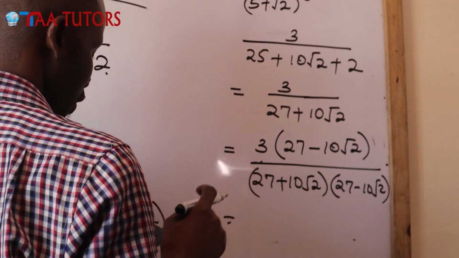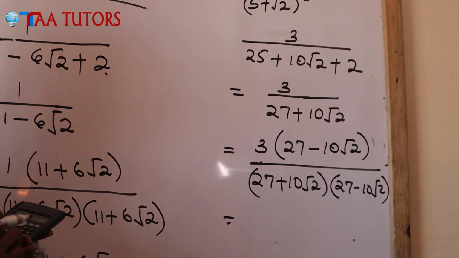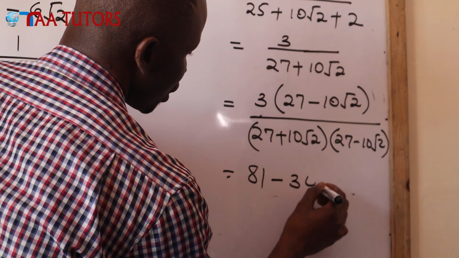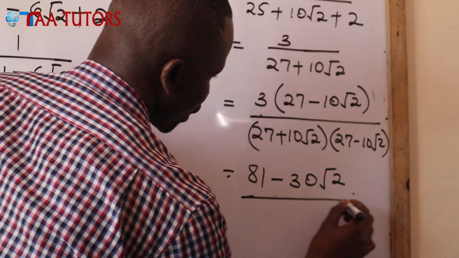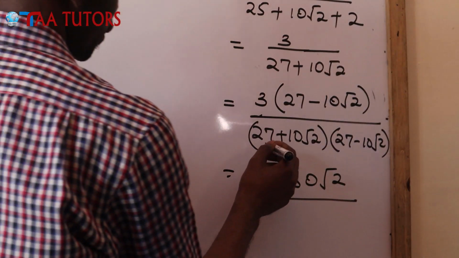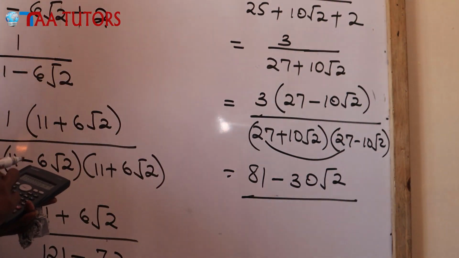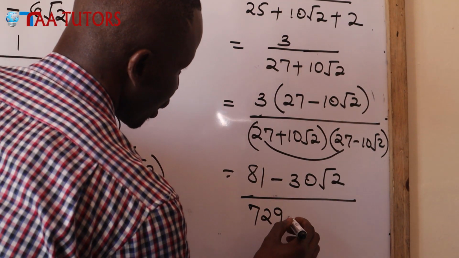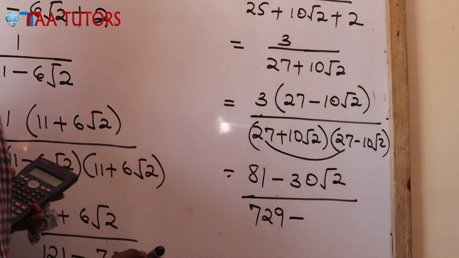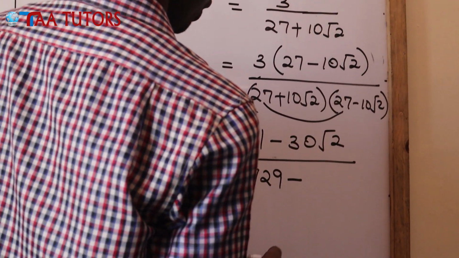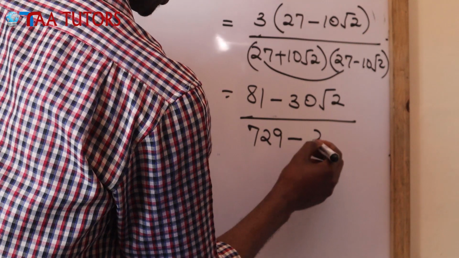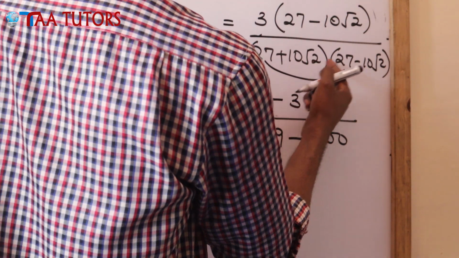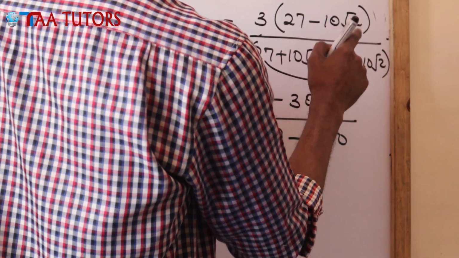So once we have this, 3 times 27 is 81. So 81 minus 30√2, everything divided by, as we have said before, a difference of two squares, that is 27 squared. 27 squared is 729, minus 10√2 squared. 10 times 10 is 100, 100 times 2 is 200, because we multiply 10 by 10, then √2 by √2. 10 by 10 is 100, √2 by √2 is 2.